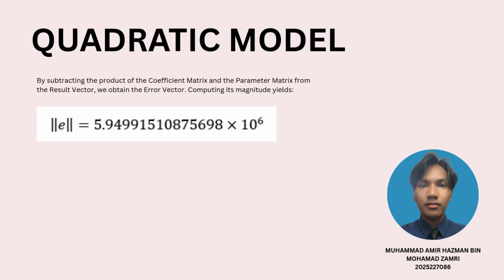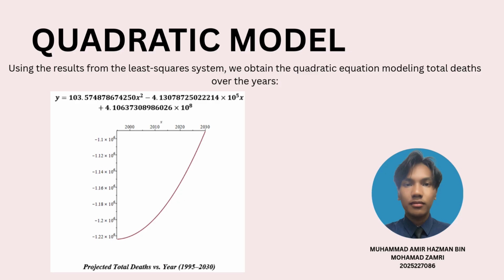After that, we calculate the error magnitude using the formula, and the error magnitude is 5.9499 multiplied by 10 to the power of 6. After that, as you can see, this graph represents the quadratic approximation model obtained using the least square method.